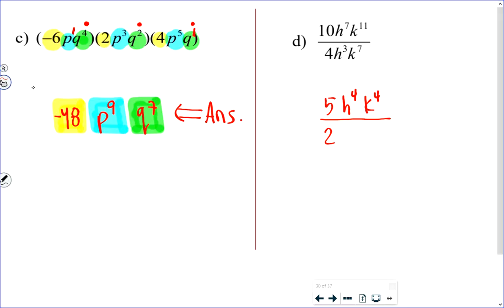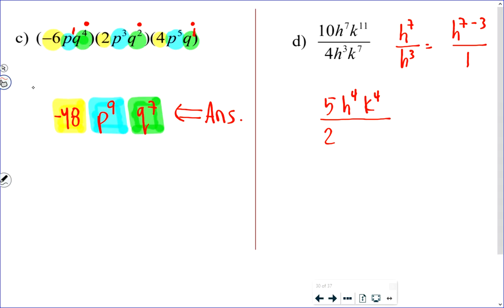It looks okay. The thing I want to make sure that you understand is when you have h to the 7 divided by h to the 3, and you subtract the exponents and get h to the 7 minus 3, when you apply that law, you write whatever you get on the top.